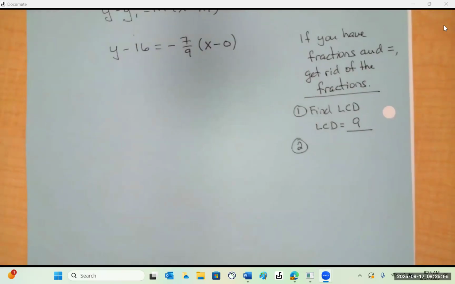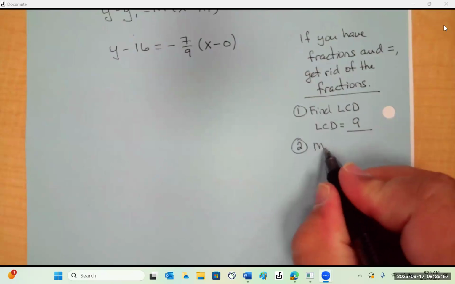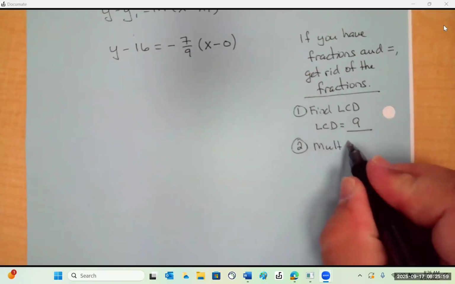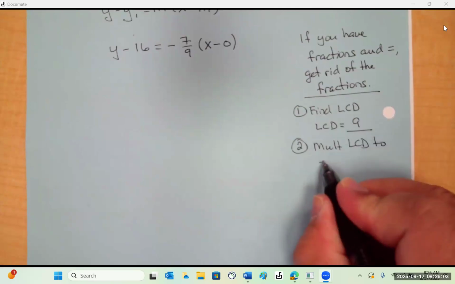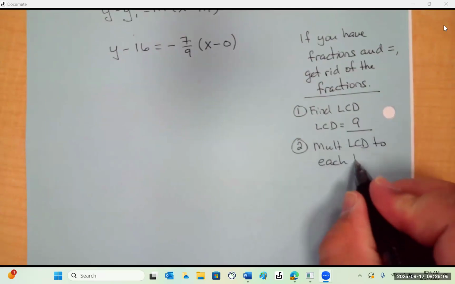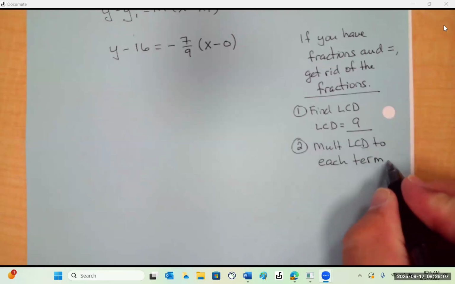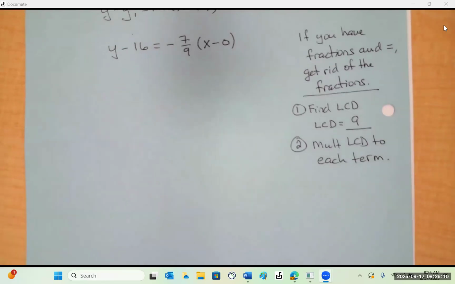Two, multiply the LCD to each term. What's a term? A term is anything separated by plus, minus, or equal.